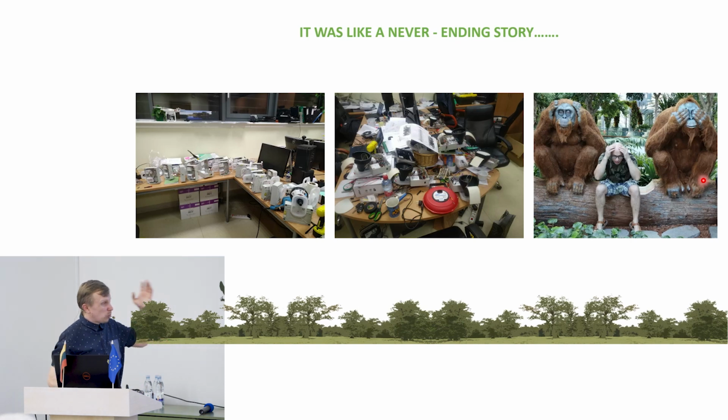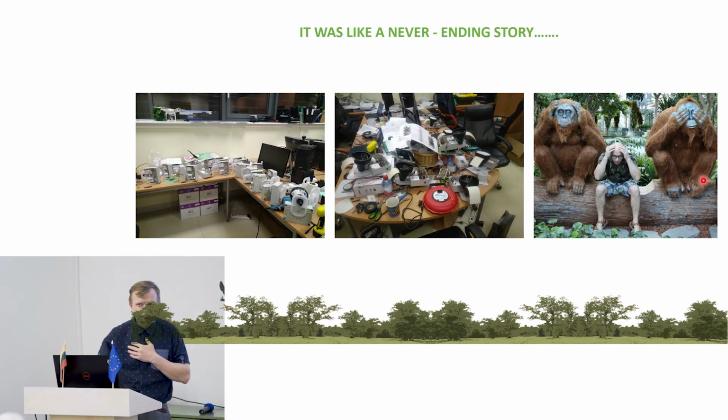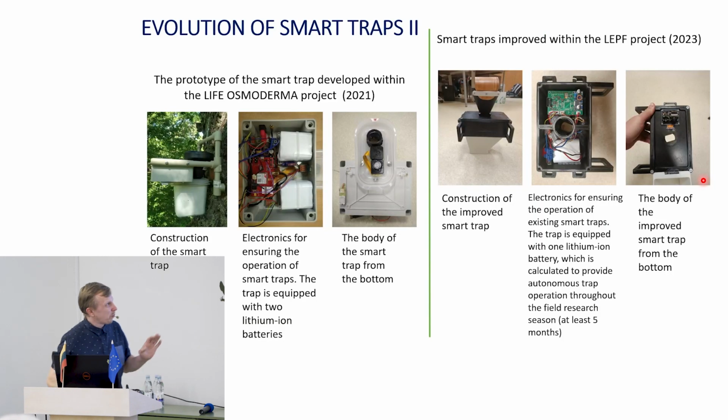And overall, we have had a lot of problems with traps, a lot of work, and yeah, it's very strange work. And here you can see the latest model of our traps. You can see there are fewer wires.